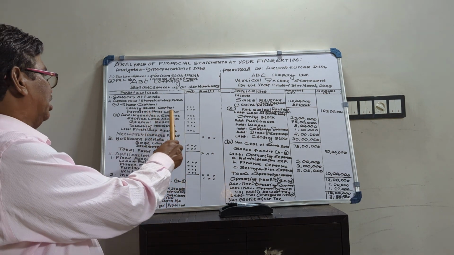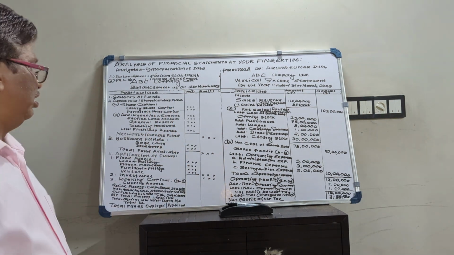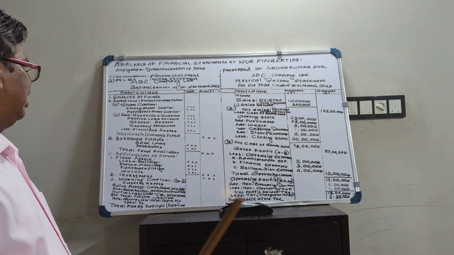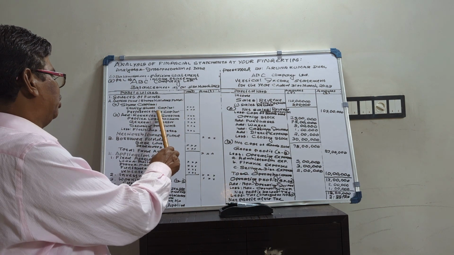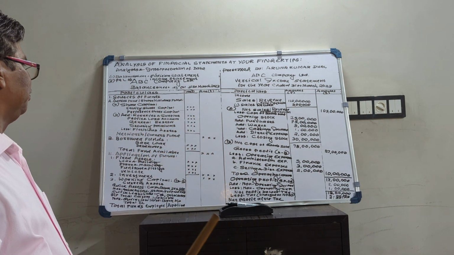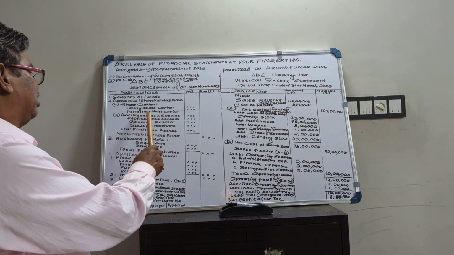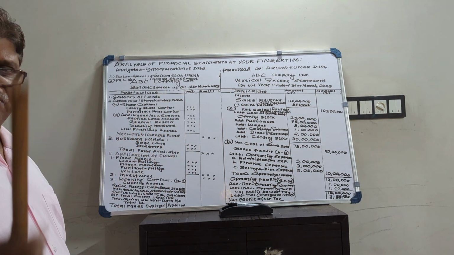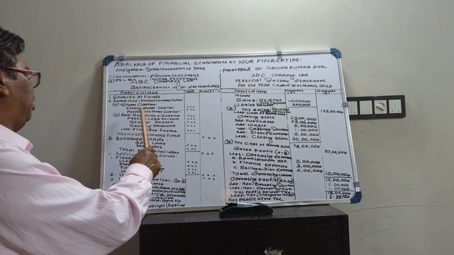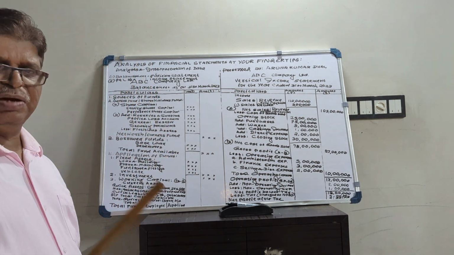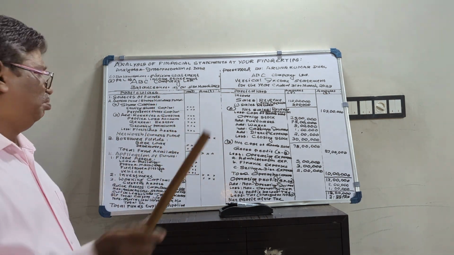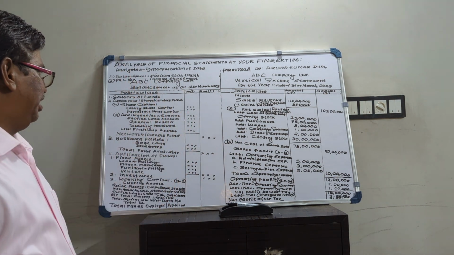In case of preference shareholders, they will get first preference regarding payment of their interest or dividend and also principal in relation to equity shareholders. Then some preference shares are redeemable, some are irredeemable. If it is redeemable, after a certain period, say 5 years, 7 years, their capital will be redeemed. That means their capital will be purchased by the company.